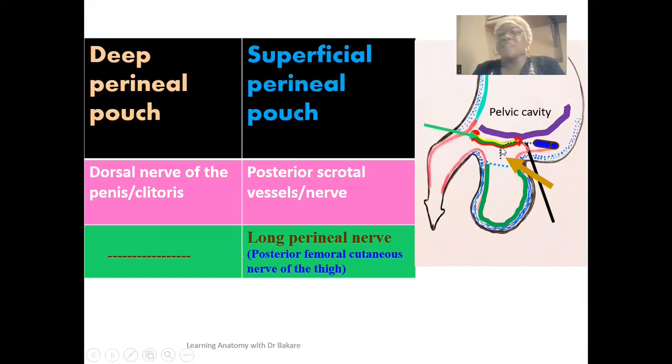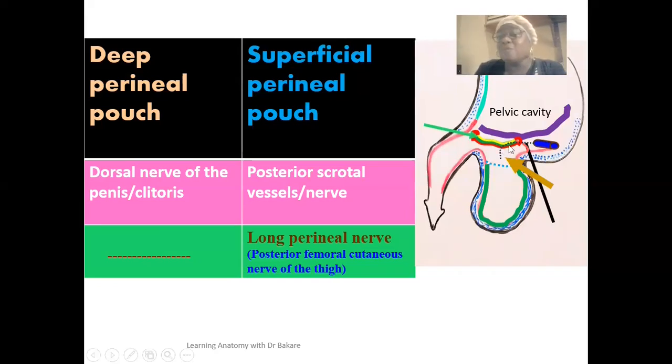And in this format, you see them redirected down where they are seen to pierce the perineal membrane to gain access into the superficial perineal pouch. So you see that this collection of vessels are seen to be located within the deep perineal pouch and also the superficial perineal pouch.